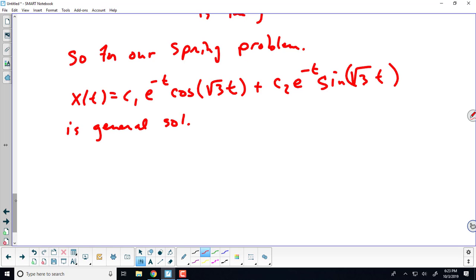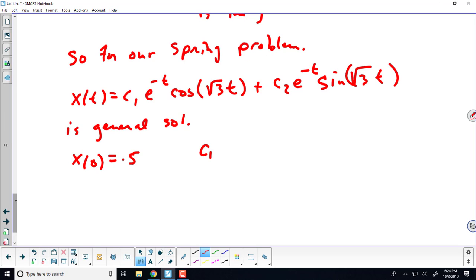Okay. So we know that x of 0 equals 0.5, right? So let's go ahead and plug 0 in for t. That gives us c1 times the cosine of 0.